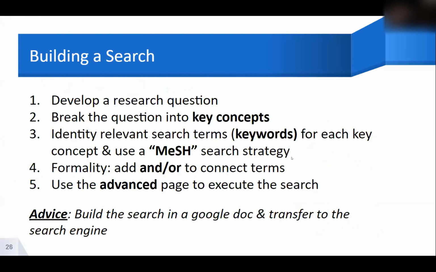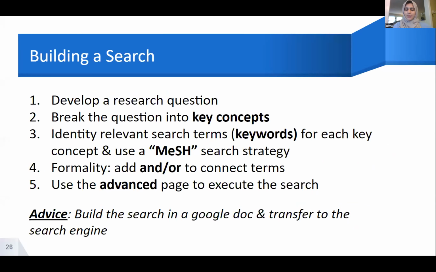When you want to build your search, there are a few ways to structure it. You want to obviously have your research question. It helps when you break that research question into key concepts, because like I said earlier, you're not just plugging your exact research question into a search box, you're using key concepts. With that in mind, you will also need to find some keywords.